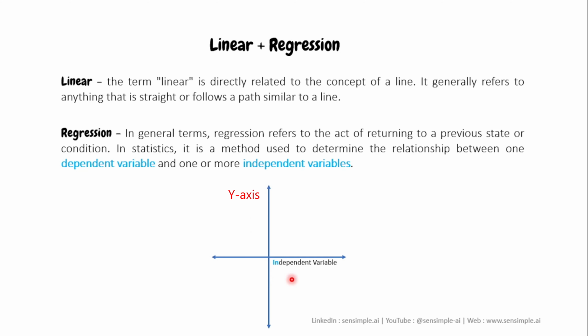It is independent of whatever value y is going to have. So the independent variable will always be on the x-axis. Whatever is plotted on the y-axis is our dependent variable. It is depending on the value of x. So let's try to connect it with an example. Let's say we have two variables, age and salary.